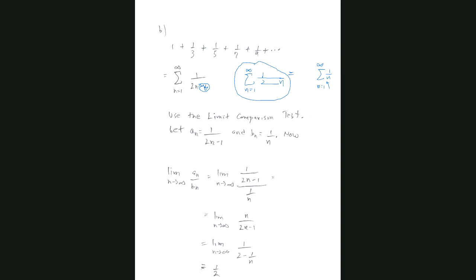Keep in mind, 1 over 2n is the same as 1/2 times 1 over n, right? I can write 1 over 2n as 1/2 times 1 over n.